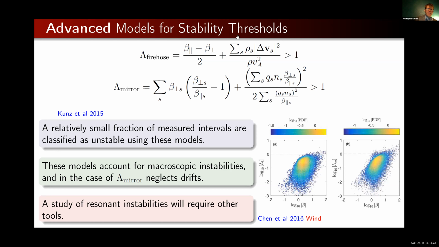We're including the impact of the total parallel drifts. And then when using these thresholds, again, using that same set of multiple decades of data, we see that a very small fraction of the data actually surpasses this threshold. But again, this is only accounting for those fluid instabilities.